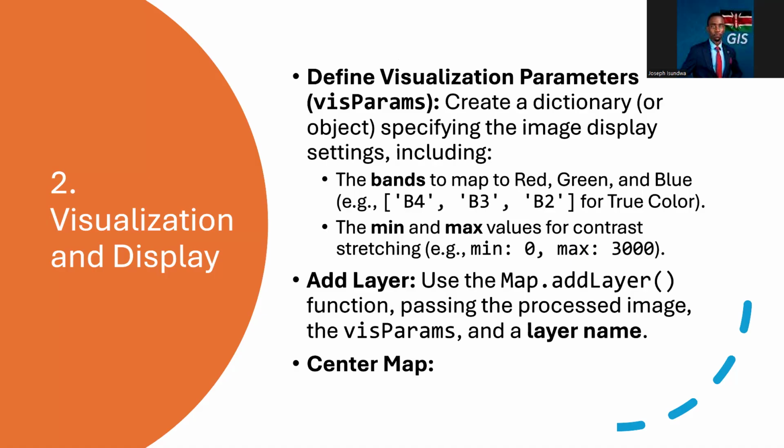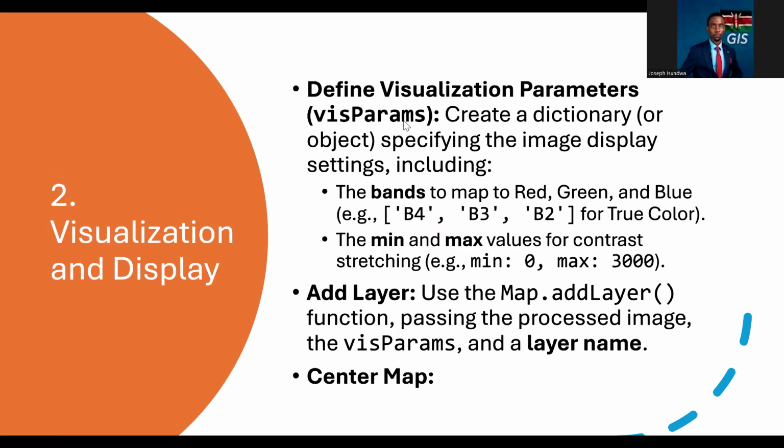Another thing is visualizing and displaying the data. So we have to define the visualization parameters. It is sometimes abbreviated as viz parameters, which is visualize parameters. Again, these things depend on how you are going to give your variable names.